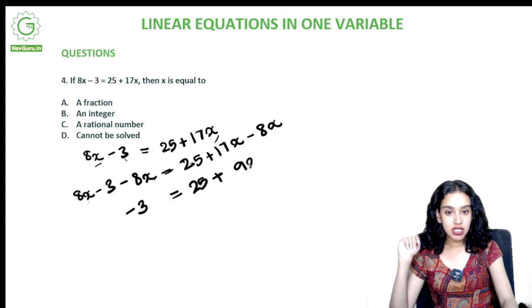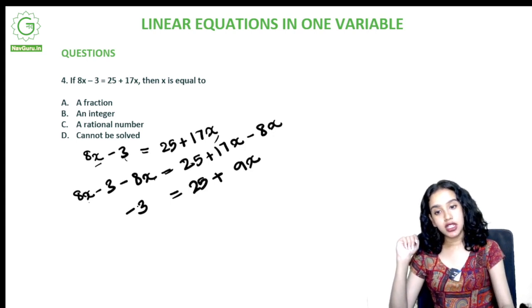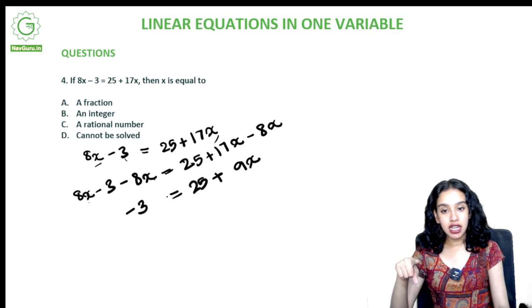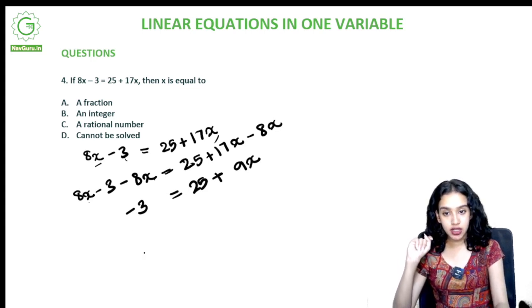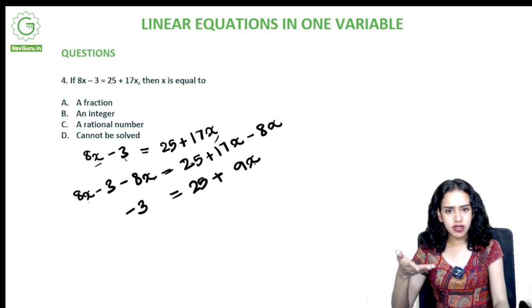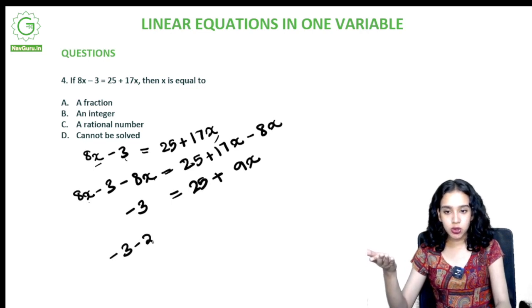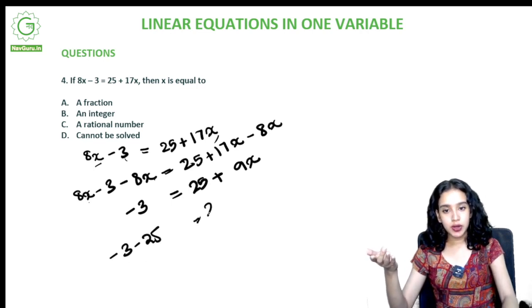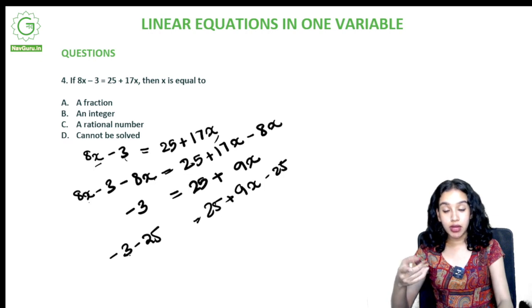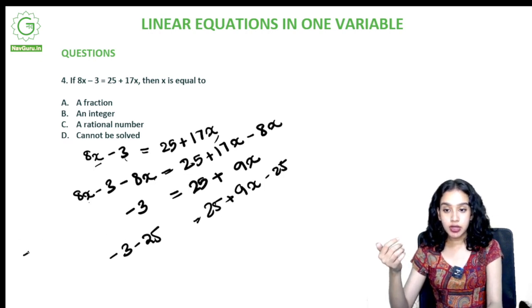We have minus 3 here is equal to 25 plus what is 17x minus 8x? That is 9x. Right? Now, then I decided that I'll subtract 25 from both of the sides, right? Here we have 25 and we have 9x, so we'll just keep the terms with only x here. So I'll subtract 25 from both of the sides. So 25 plus 9x minus 25. So what is minus 3 minus 25?